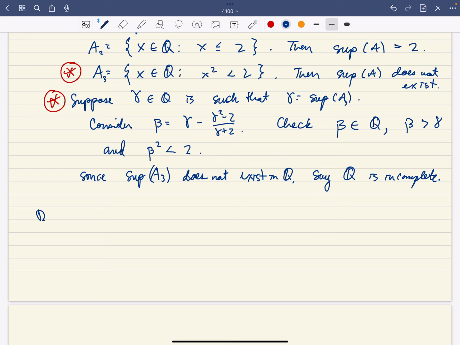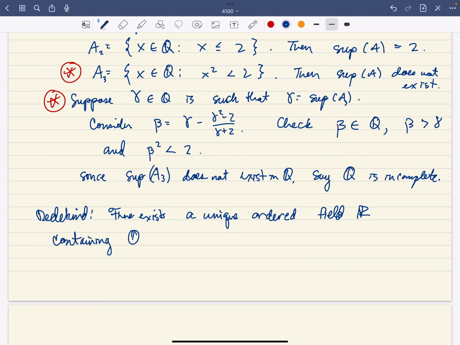And so what Dedekind proved was that there exists a unique ordered field, R, containing Q, with what's called the least upper bound property.